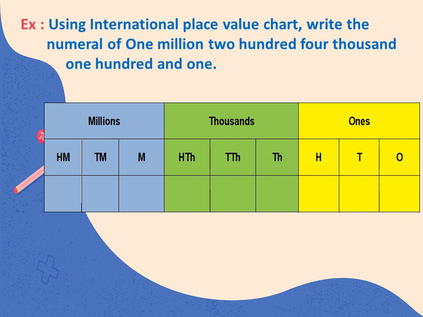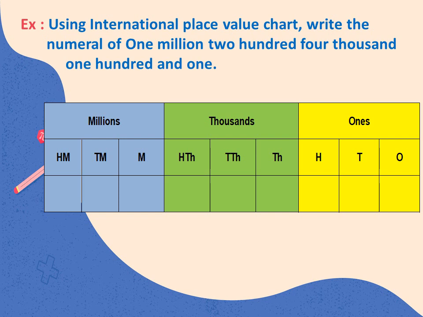Next example, using the international place value chart, write the numeral of 1,204,101. According to step 1, first we need to draw the place value chart of the international system of numeration. That I have done already. The second step is we need to enter the digits of the ones period.